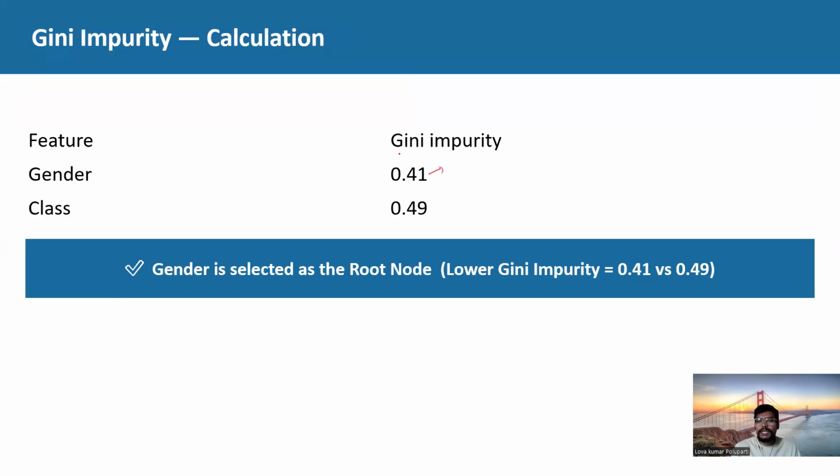Obviously the Gini impurity must be very low. This is low and this is a higher value. So you can observe both the methods give the decision maker the same hint: you can take gender as the top priority, then you can go with the class. This is the way you can do the splitting.